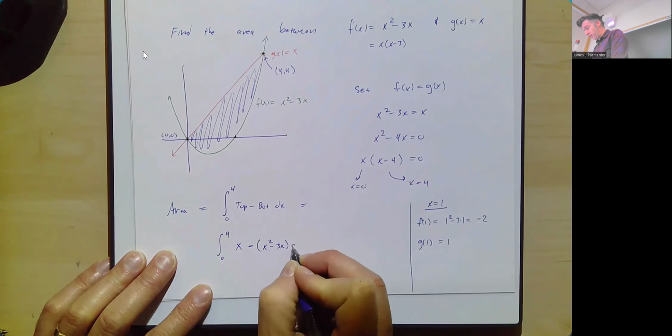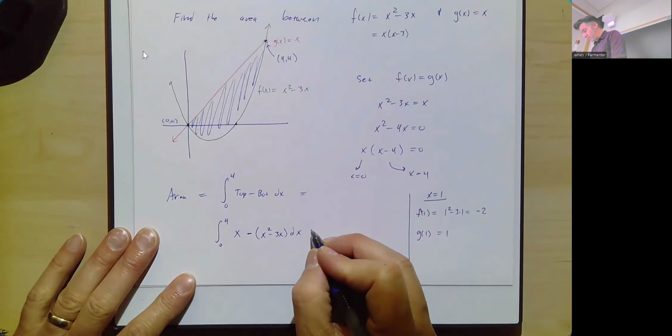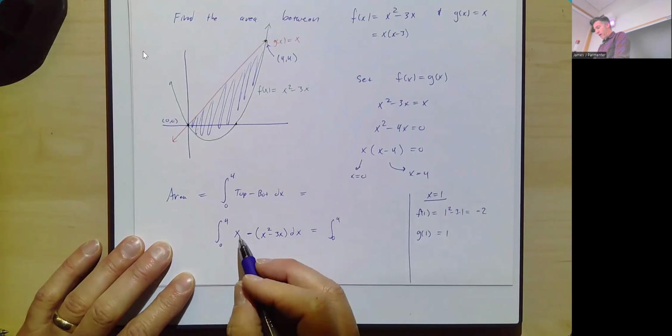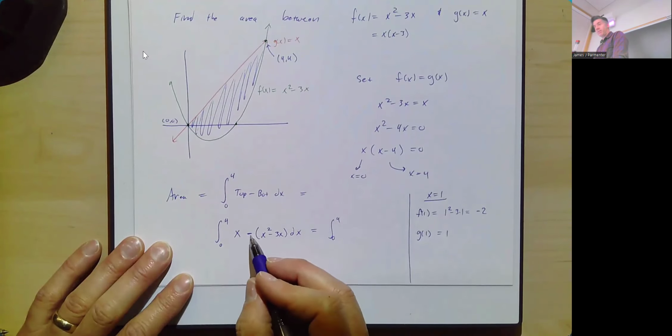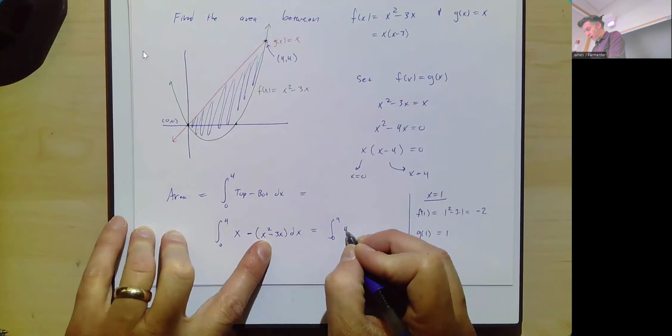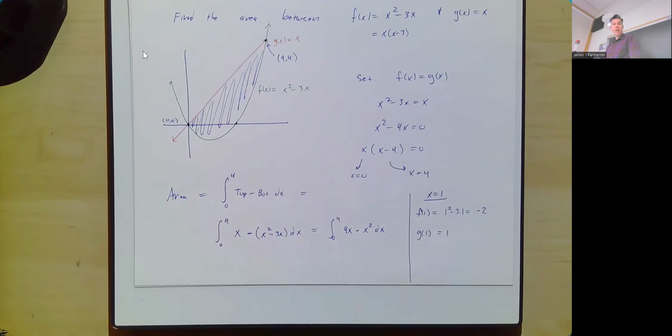Make sure you throw parentheses around the one you're subtracting so that you know to distribute the minus sign. Simplify before we integrate. You're going to get the integral from 0 to 4 of x minus (x squared minus 3x), so plus 3x. That's going to be x plus 3x is 4x minus x squared. And now we can go ahead and anti-differentiate.